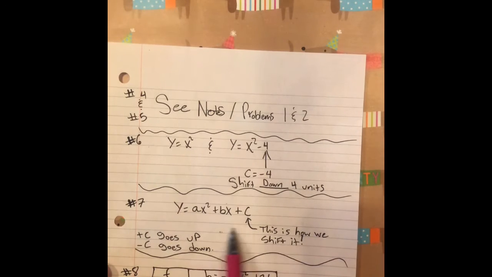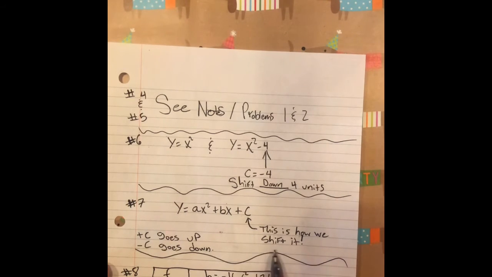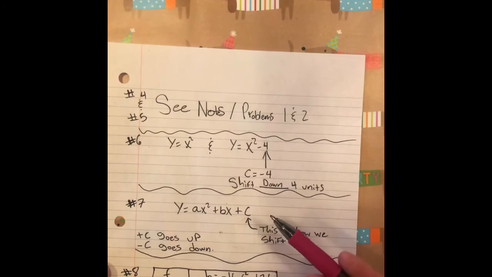So again, if we resort back to the standard form, ax squared plus bx plus c, we're really only caring about c. So this is how we shift it. I hope you guys have a song stuck in your head now. So if we look at the c value, it is going to tell whether it shifts up or it shifts down. And it should be fairly straightforward.